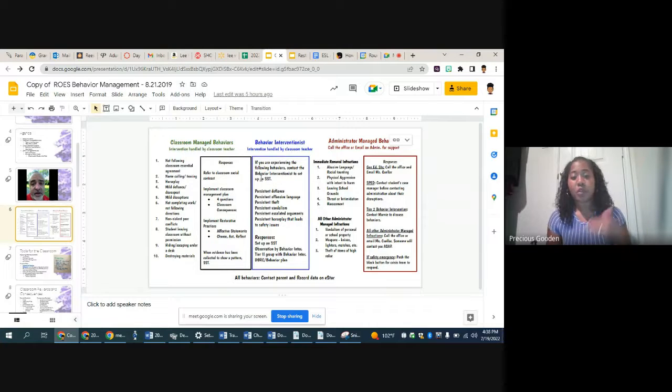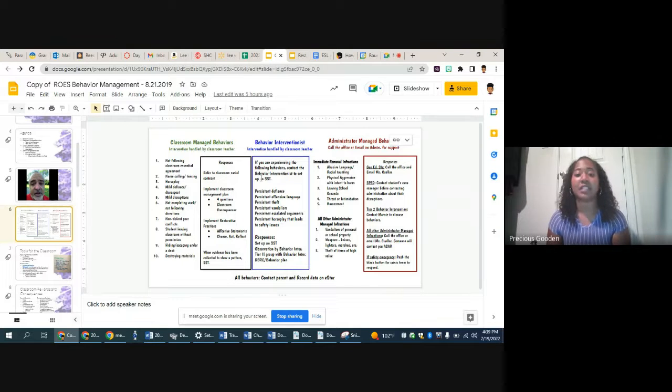So when evidence has been collected to show a pattern, that's when SST gets involved. So we'll move over to the behavior interventionist and we'll talk a little more about SST. If you're experiencing any of the following behaviors, contact a behavior interventionist, and that's when they'll develop the SST. So if there's any persistent defiance, offensive language, like a student cursing or saying anything just inappropriate, we all know what's offensive.